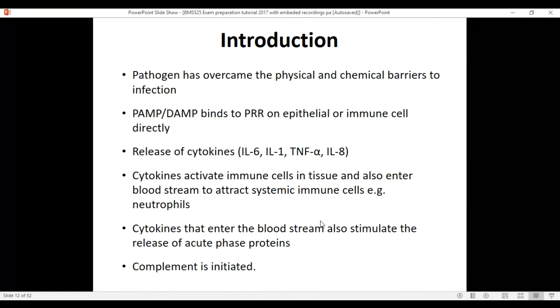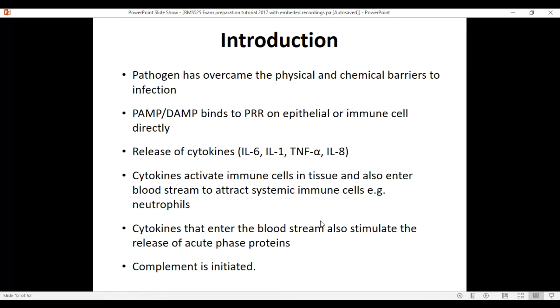Okay, so that might be stomach acid, it might be mucus, it might be the physical epithelial barrier, it might be lysozyme in the eye, for instance. Okay, so there are some physical and chemical barriers that we have that protect us. And in order for this infectious process to occur, the pathogen has to have found a way to overcome those physical and chemical barriers.